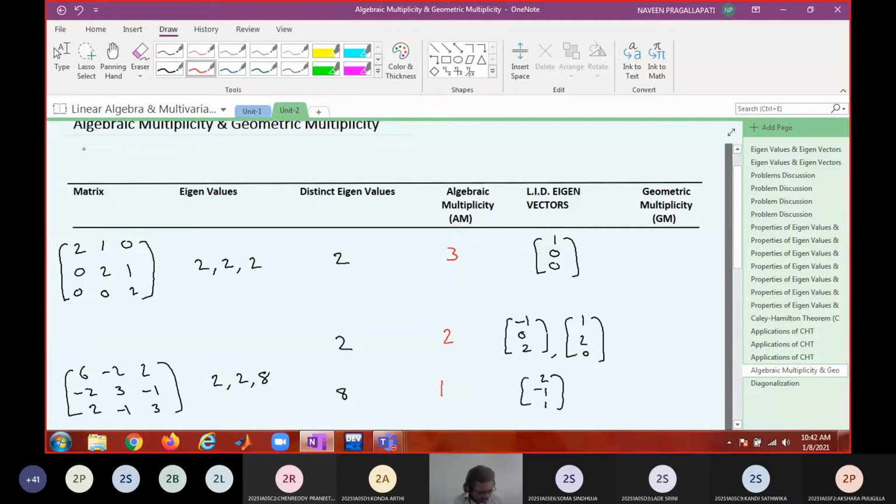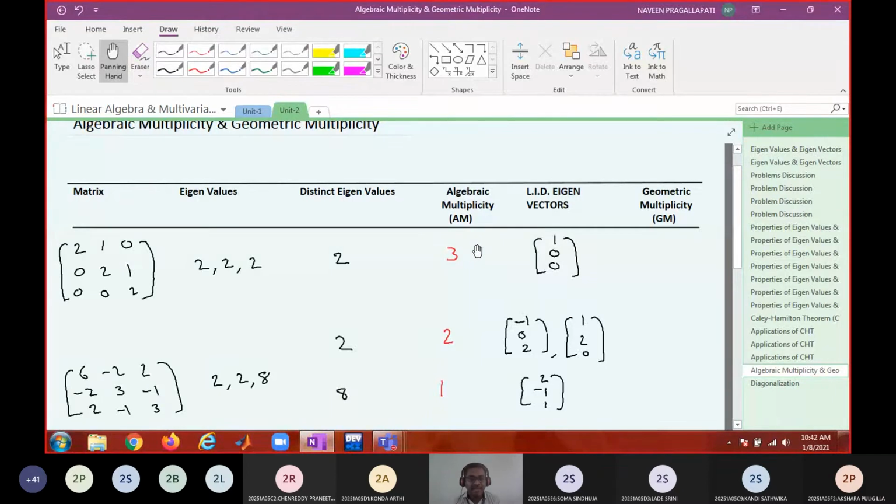Okay. Now, what is this? Geometric multiplicity. Geometric multiplicity is nothing but the number of linearly independent eigenvectors corresponding to an eigenvalue. How many independent eigenvectors you are getting corresponding to that eigenvalue? That is going to be called the geometric multiplicity.